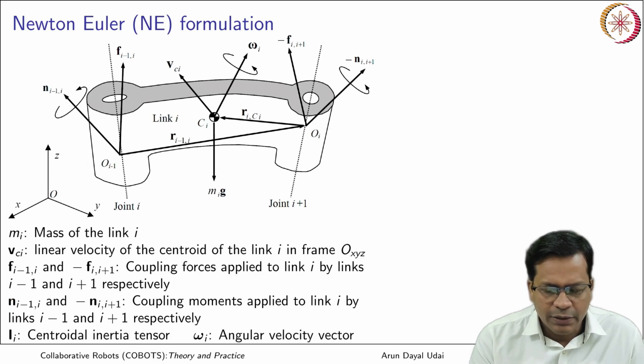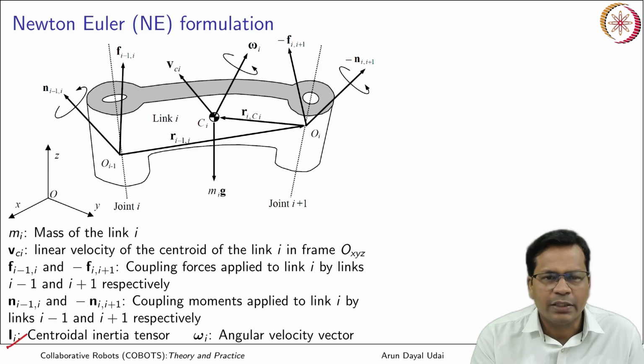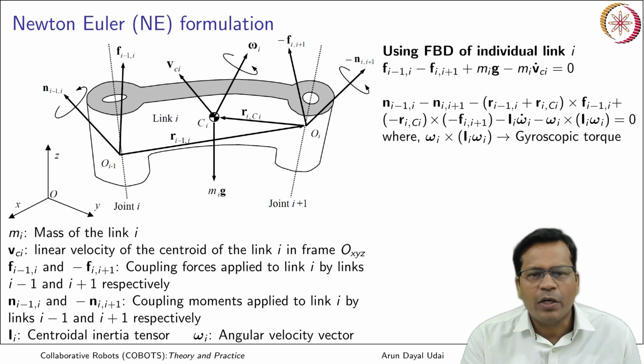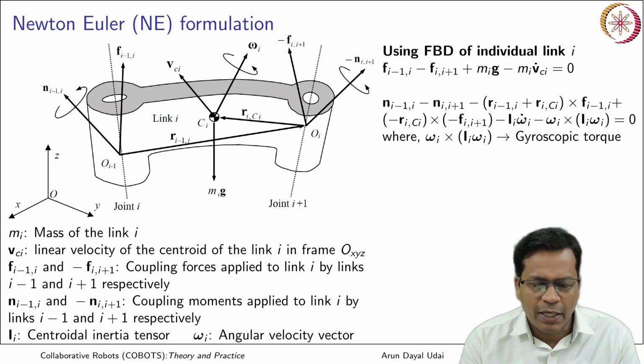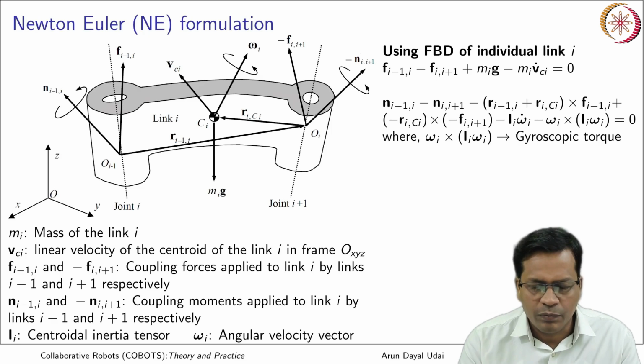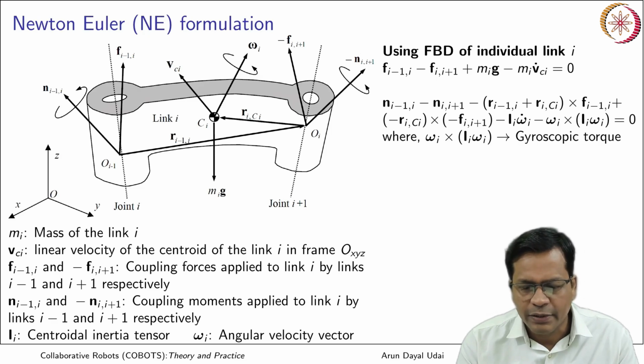I is the centroidal inertia tensor and omega is the angular velocity of the link. Using the free body diagram of the individual link i, you see all the forces are marked here. Now I can write that the resultant of all the incoming forces should create acceleration.